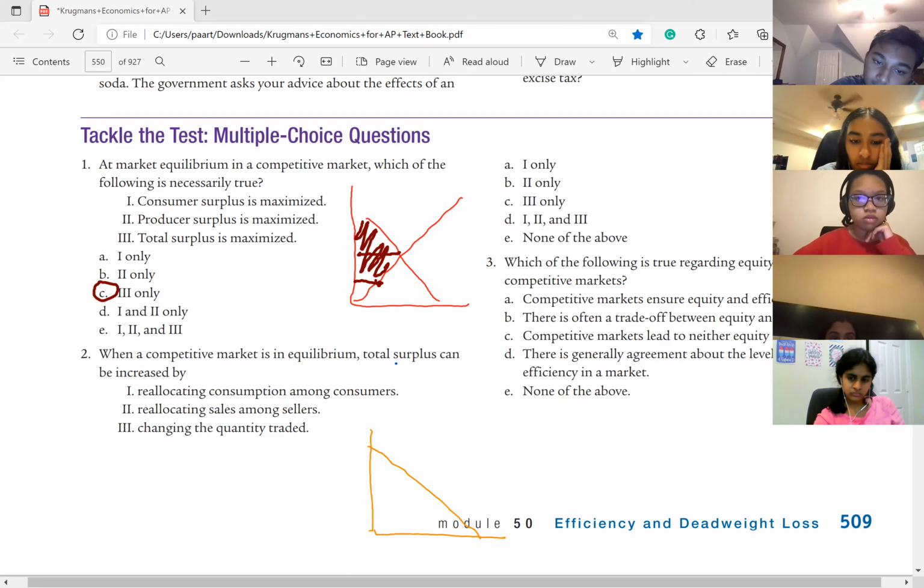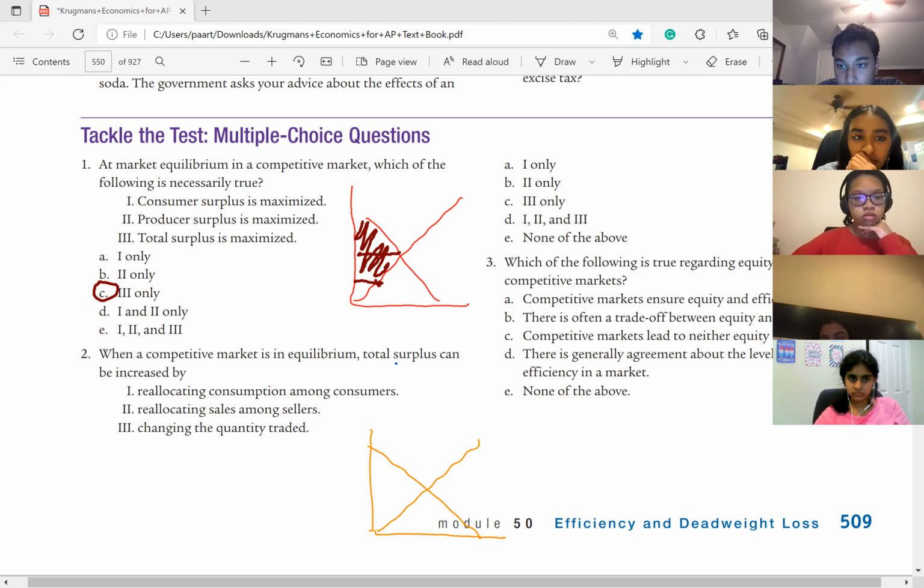So this is your supply and demand. And then it says reallocating consumption among consumers. So wouldn't that mean benefiting the consumers, right? Would that be a movement up the demand line? I'm not really sure about that actually.